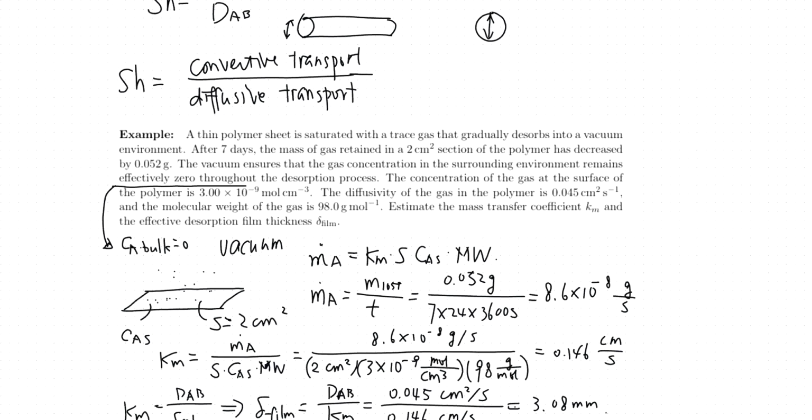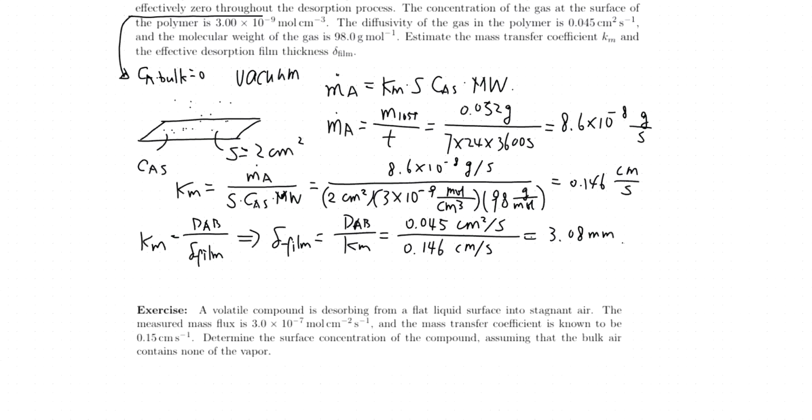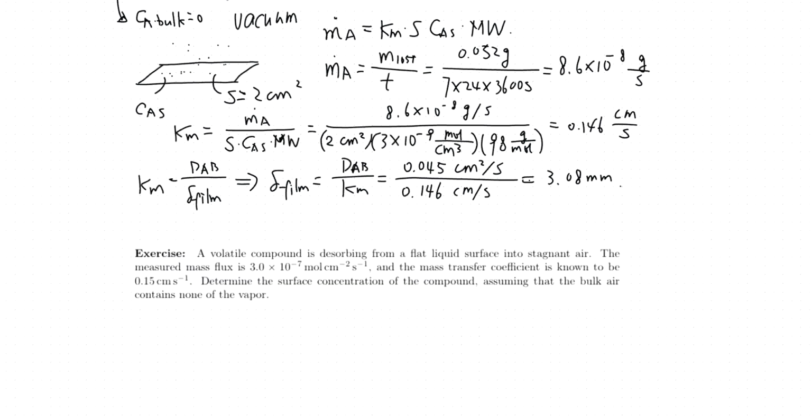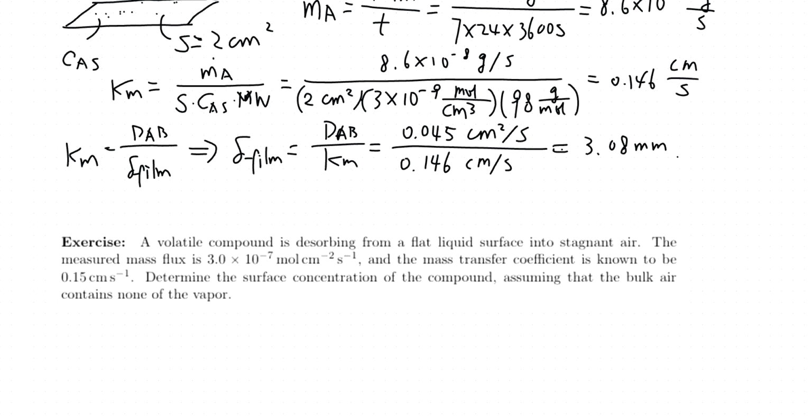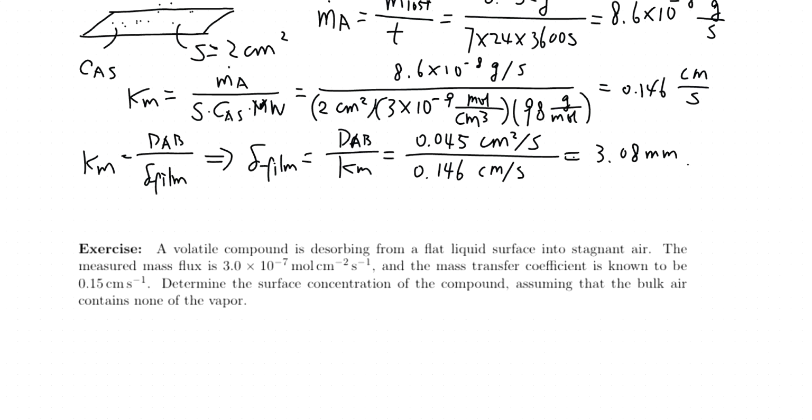Okay, so this is the exercise you are going to use. What does the statement tell us? From a flat liquid surface into stagnant air, the measured mass flux is given, and the coefficient is given.